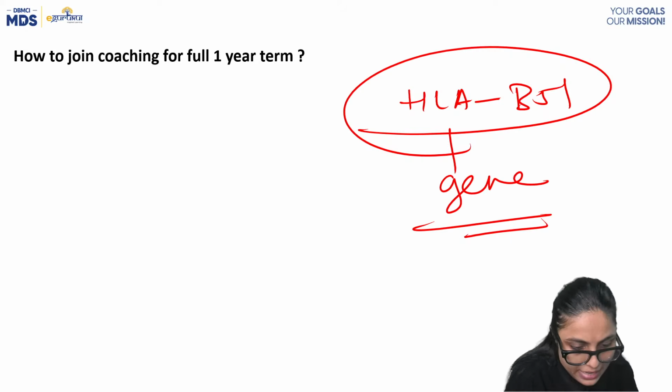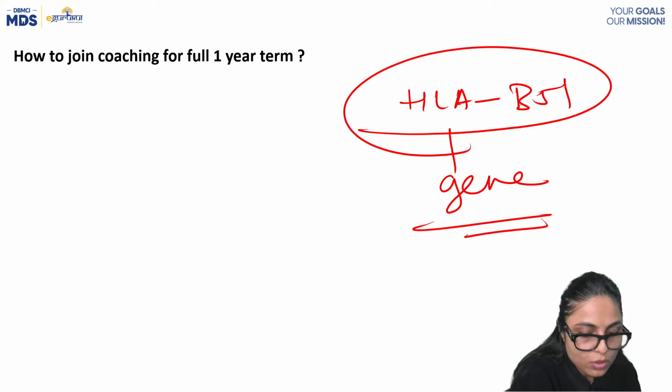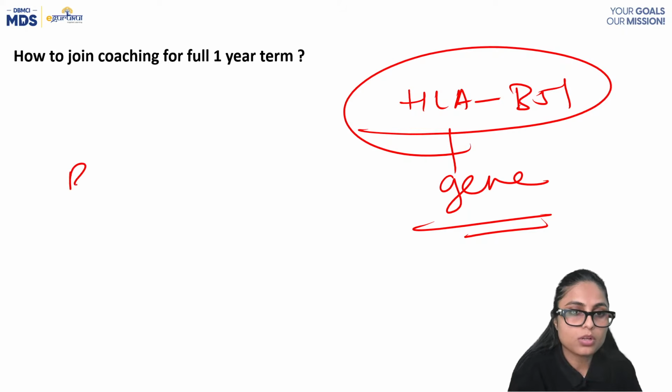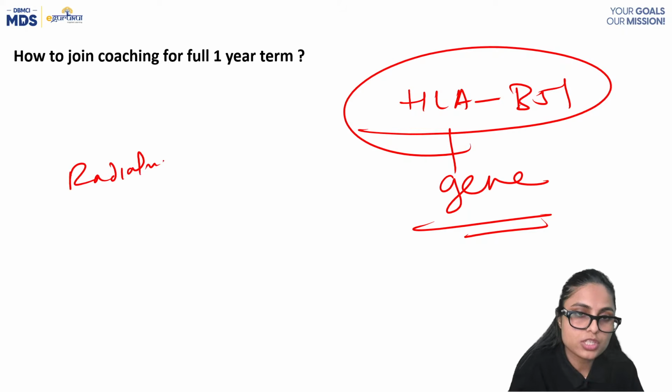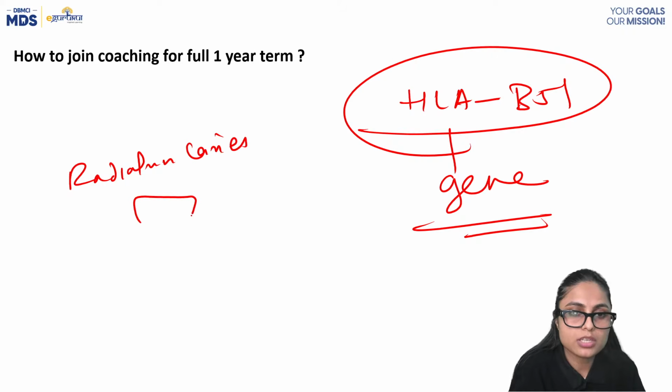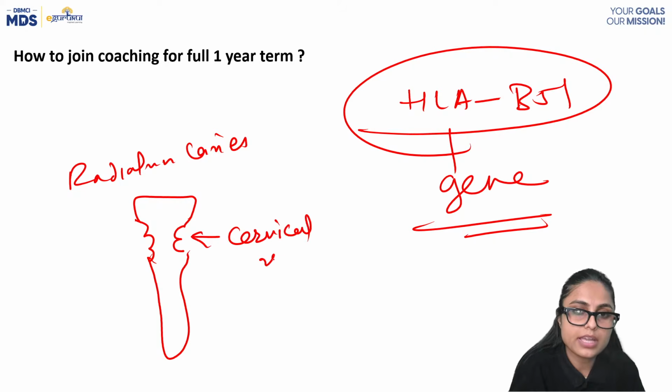In apple core pattern, enamel is not affected, just cementum and dentine. Apple core pattern, you are talking about radiation caries, I think. Yeah. So in radiation caries, you can see the caries affecting the cervical region. Okay.